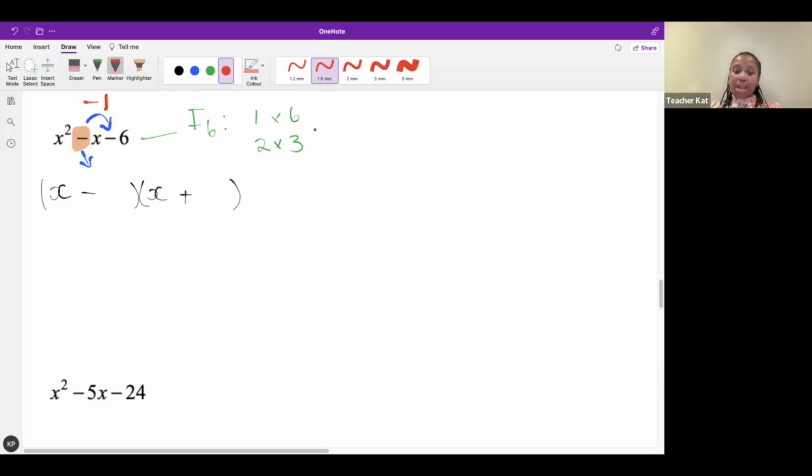So it's 3 and 2. But which one is positive and which one is negative? There we go, Lushevel. Because it's a -1, my 3 will be negative and my 2 will be positive.